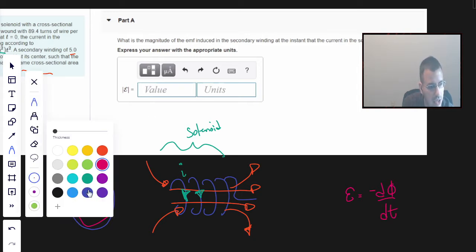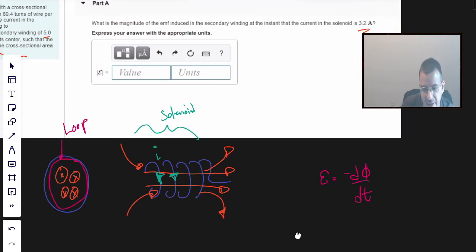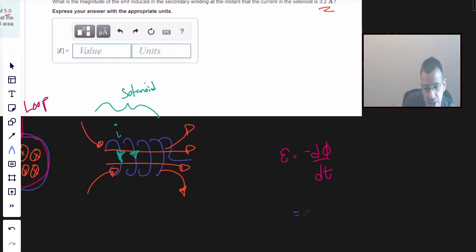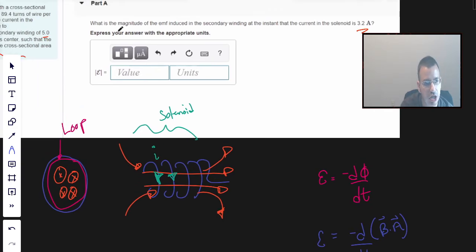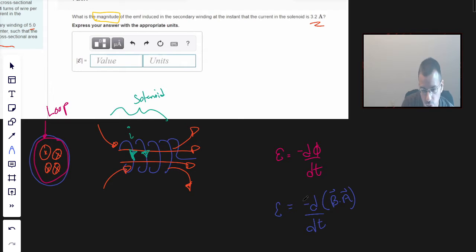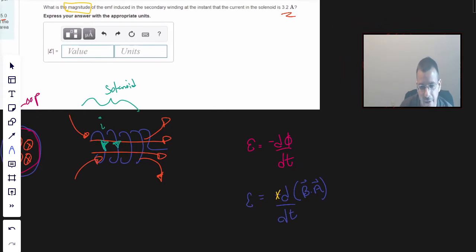We can rewrite that as the negative derivative with respect to time of B dot A. And these are both vectors. So the first thing we see is they don't care about the direction. They're just concerned with the magnitude. So we don't have to worry about the negative sign.